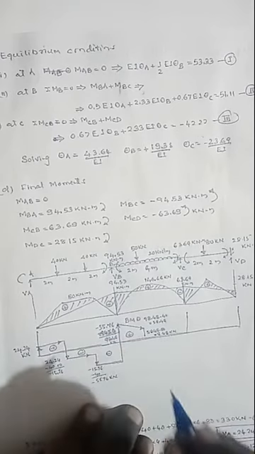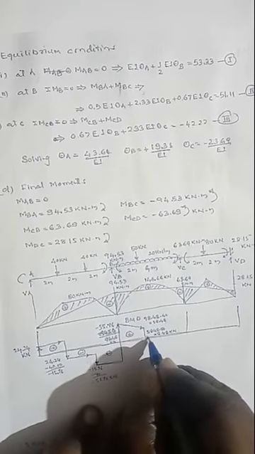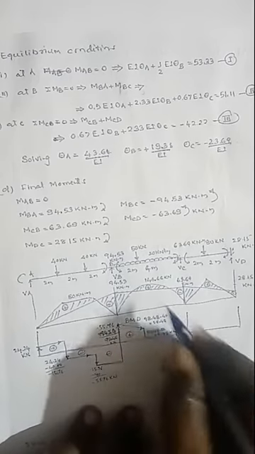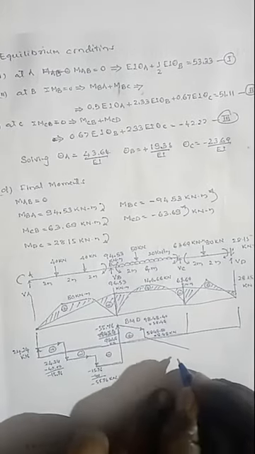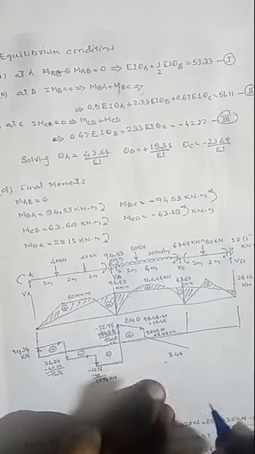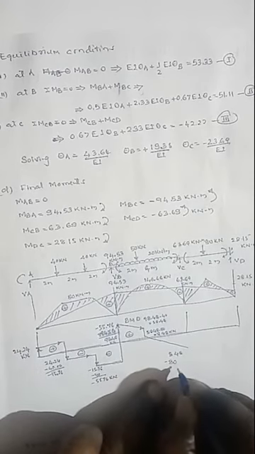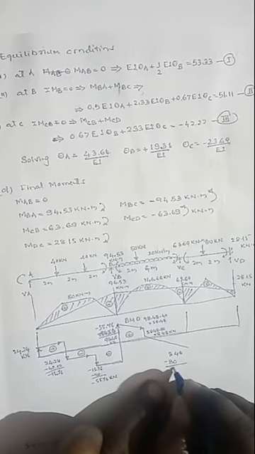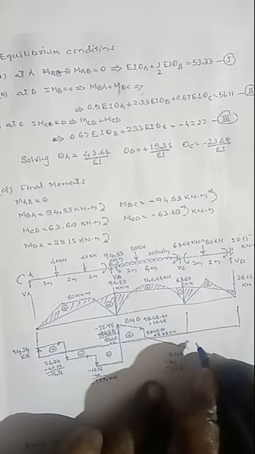Then again it changes because of the UDL, 8.48 minus 20 into 4, that is 80, which gives minus 71.56.